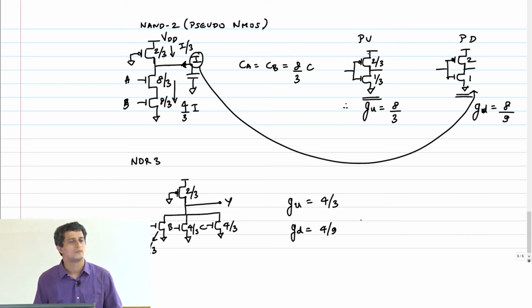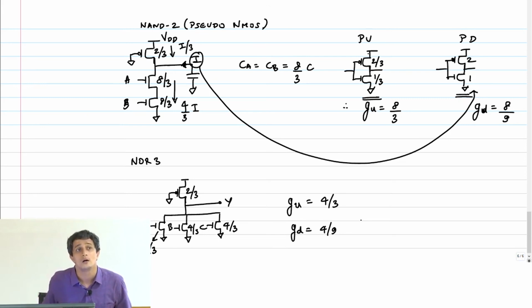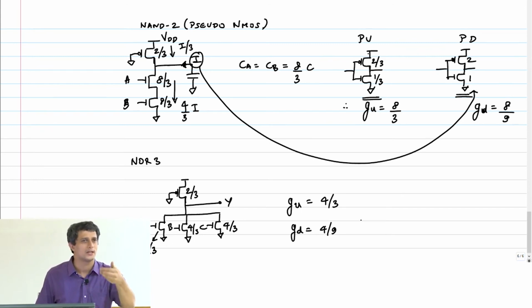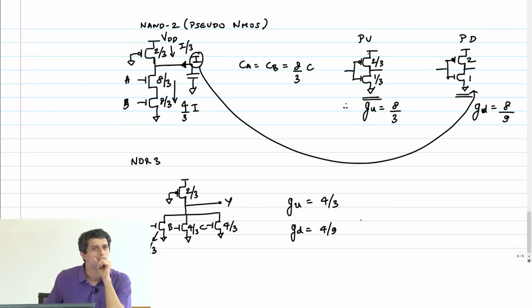Clear? Yeah. Doubt? Why is the PMOS 2 by 3? Because we just calculated based on the noise margin, right? VOL has to be something, and I said, okay, let's assume that WP by WN has to be half. It gave us a good noise margin, so I said that's 2 by 3.